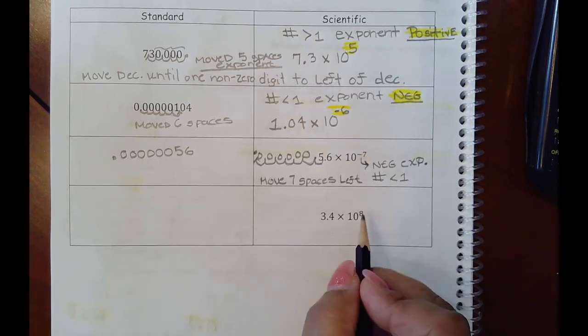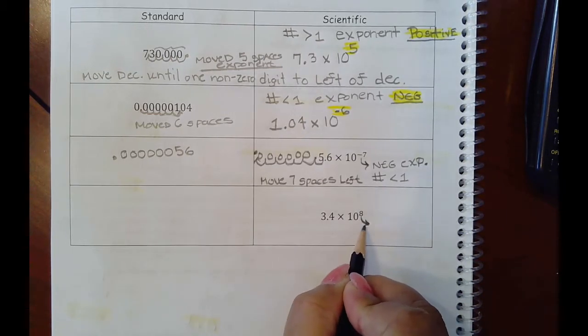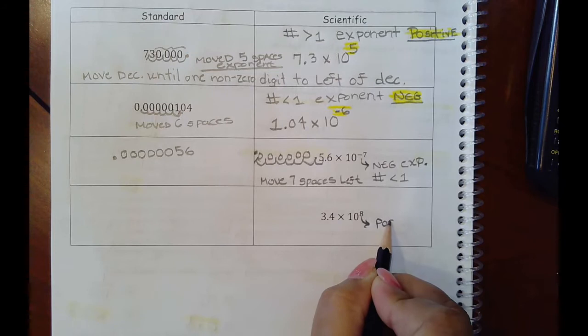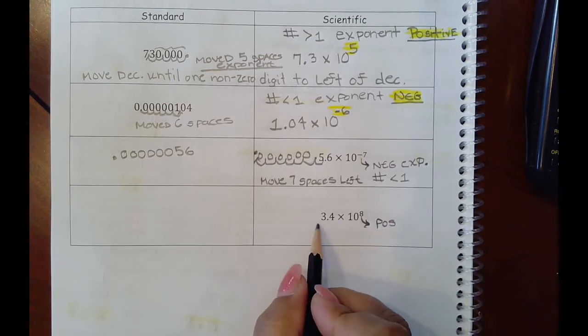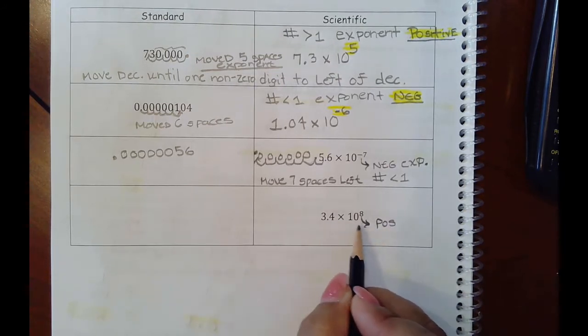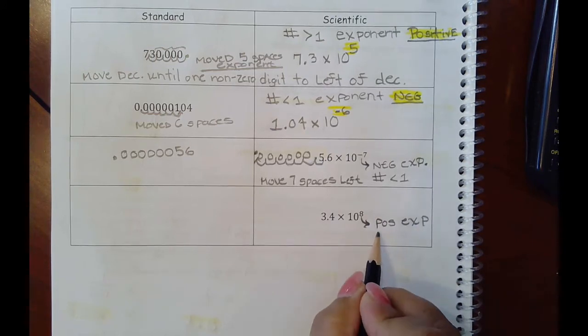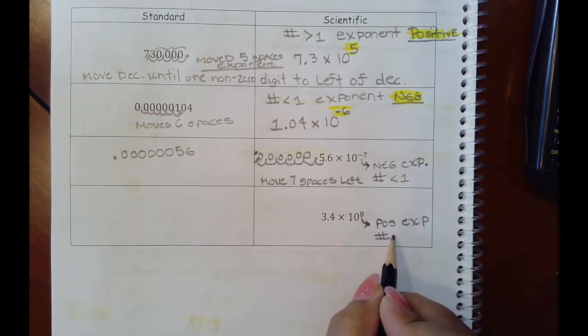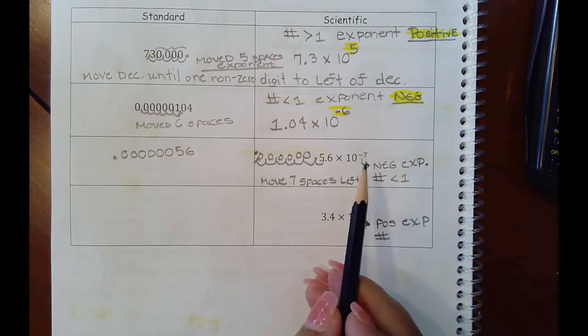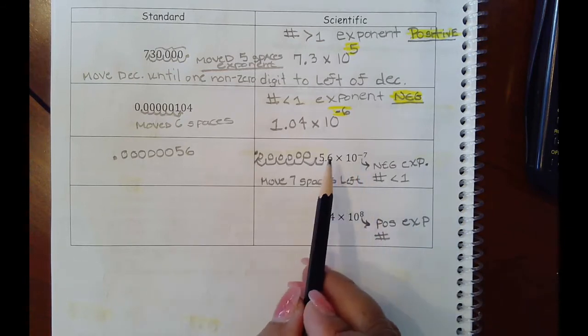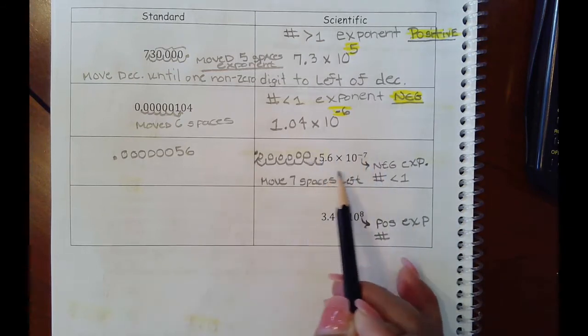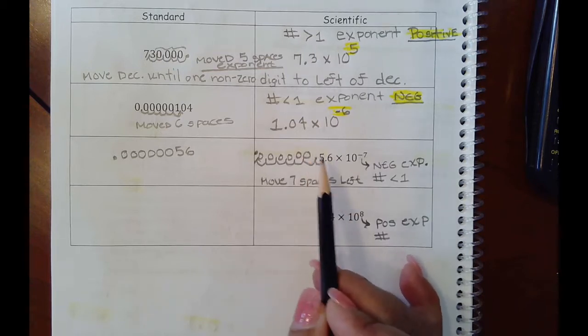Okay, notice that this one has a positive exponent, which means it was a number much bigger than this. And you want to continue making this number bigger than it really appears. So if it's a positive exponent, it's definitely going to be a number greater than 1. In fact, it's going to be bigger. When it is a negative exponent, it looks smaller than that coefficient appears.